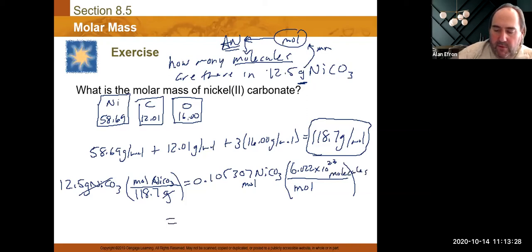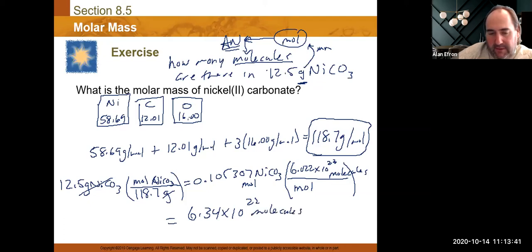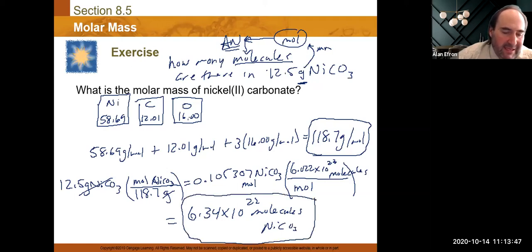We end up with something like 6.34 times 10 to the 22 molecules of our nickel 2 carbonate. In terms of sig figs, again, we defaulted back to this number here, and that's probably good practice to do. So that's 3 sig figs. We end up with 3 sig figs. Question on any of that calculation there?